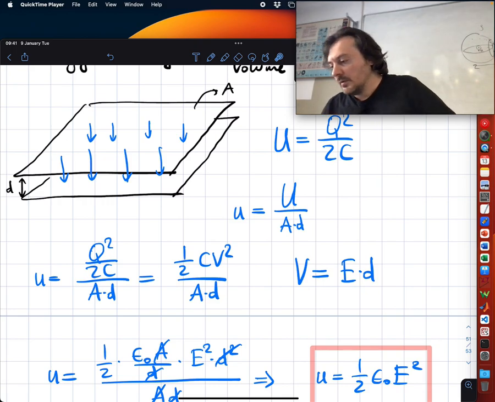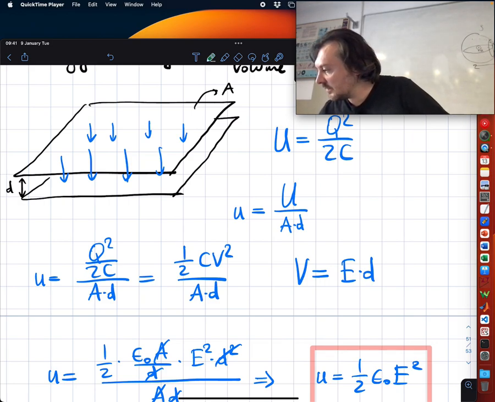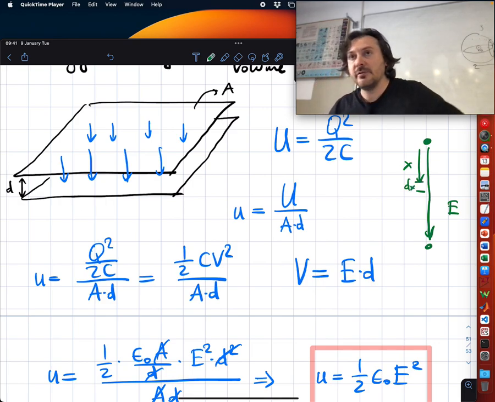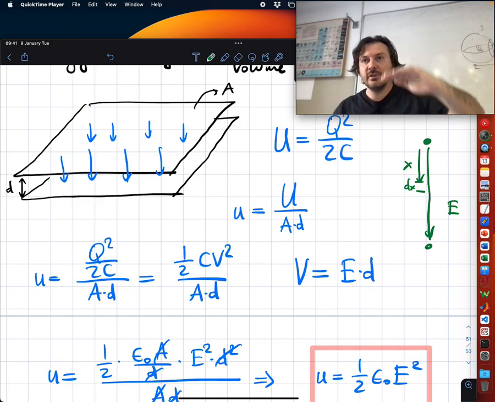No, the d is not changing in a sense that, okay, let's go from the top point to the bottom point. Electric field is the same everywhere, right? So in this particular case, we are going x and dx, varying x from 0 to d.